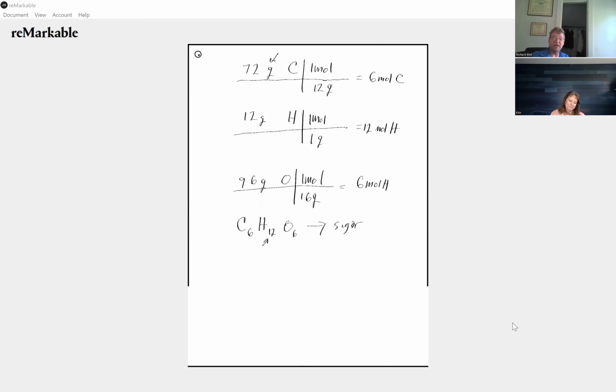So our common denominator here is 6. If we tried to reduce this, we would have CH2O. But CH2O has a common name. It is called formaldehyde.